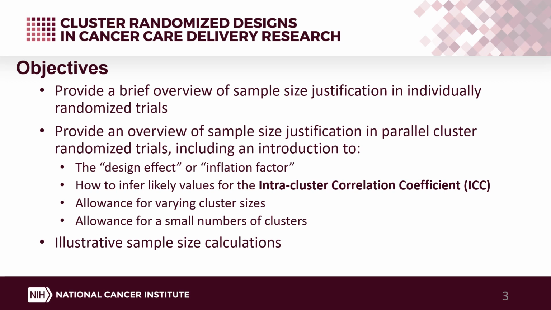This will include an introduction to a quantity known as the design effect, how we might infer likely values for the intra-cluster correlation coefficient, which turns out to be a very key parameter in sample size determination, how we might allow for varying cluster sizes, and importantly, how we make an allowance for designing trials when we only have a small number of clusters. And we'll end up by illustrating these methodologies on some example sample size calculations.